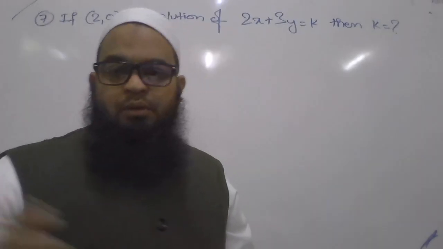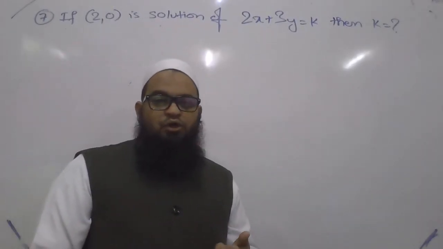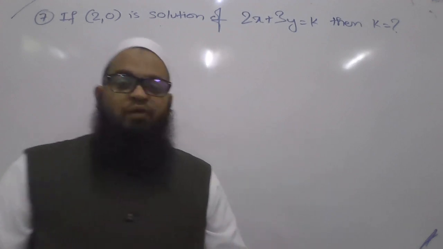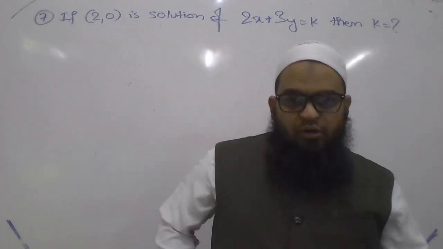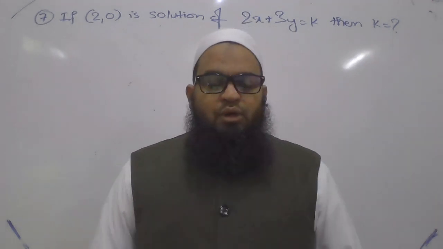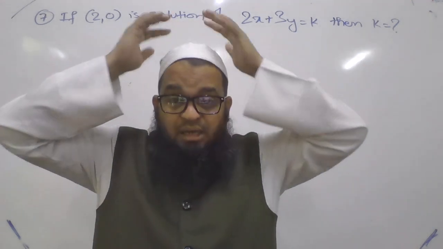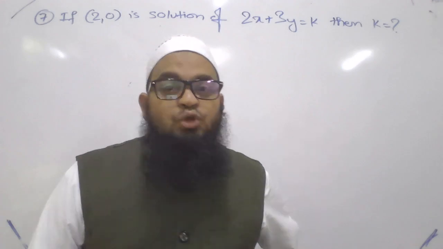Understood? So the seventh question is, if 2 comma 0 is solution of 2x plus 3y equals k, then find the value of k. Just now when I was discussing the zero of the polynomial, I told you in polynomials we call it zero, but when it comes to equation we call it solution.